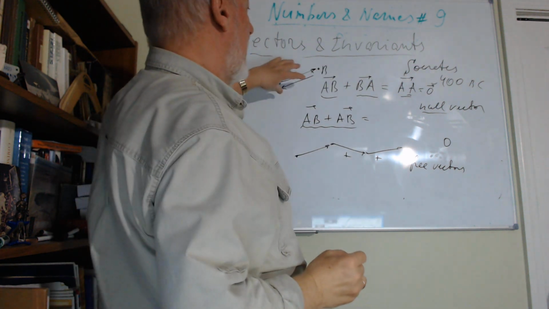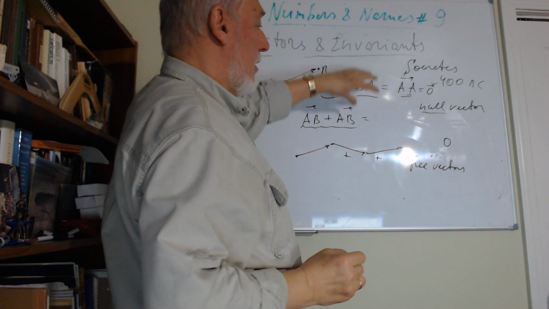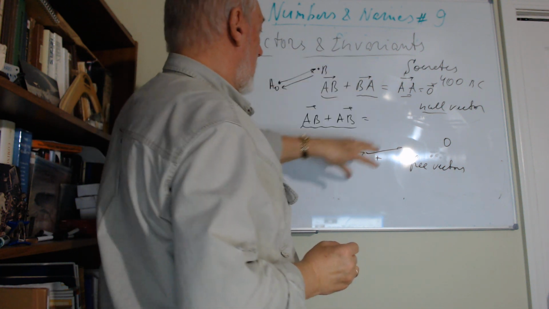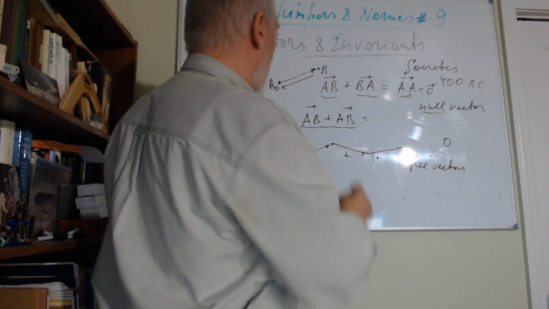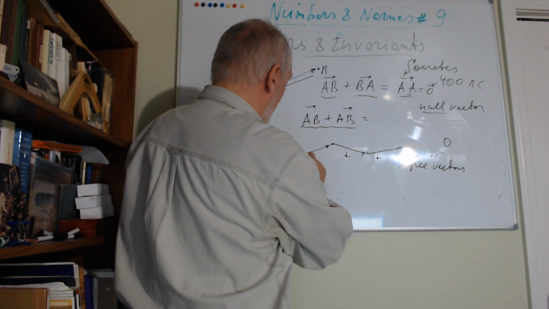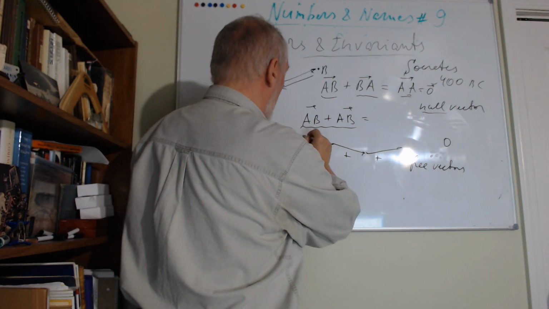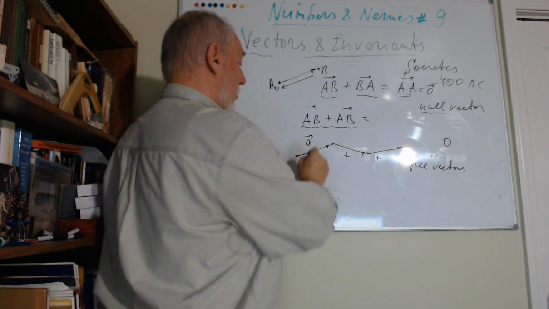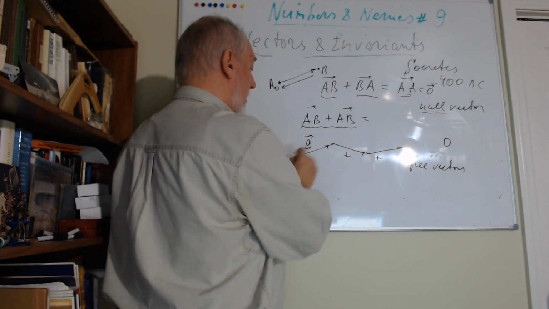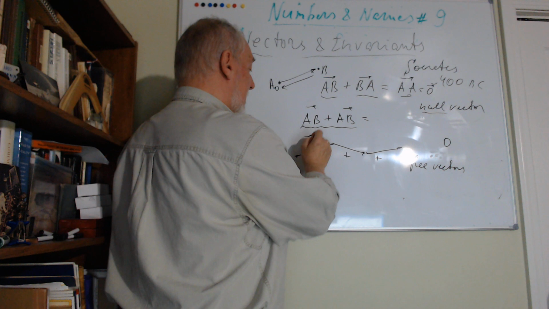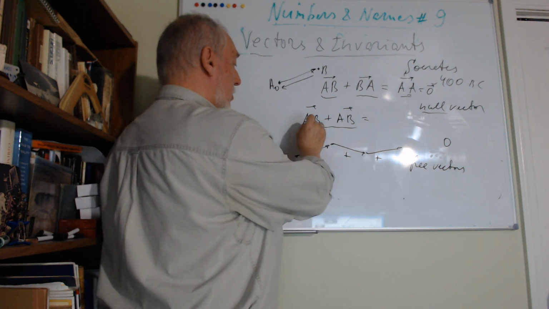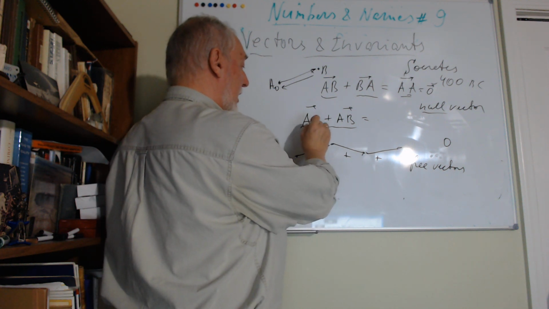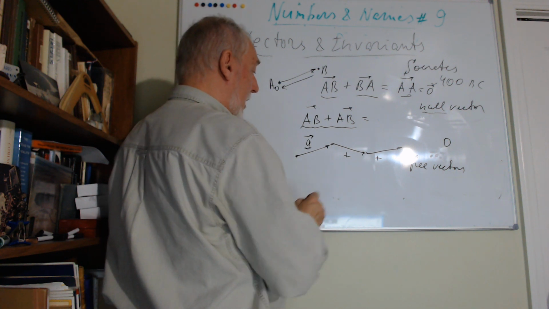They said that the vector can be moved to any other place. So you can take vector AB and write it like this, to define it as a separate object, like A, without using the beginning and the end points.